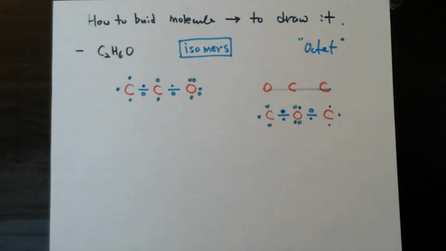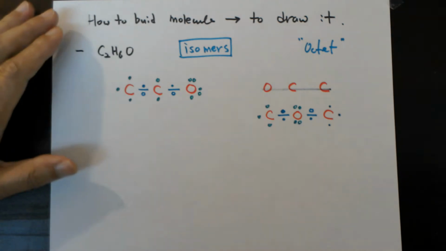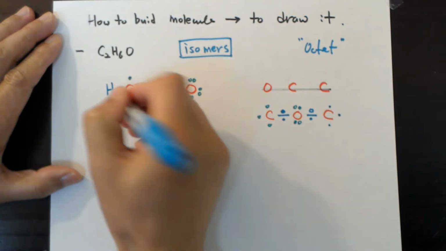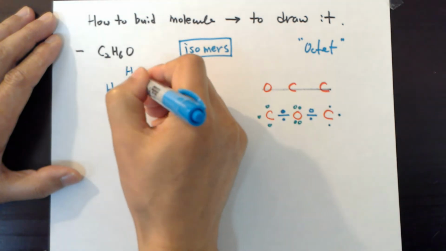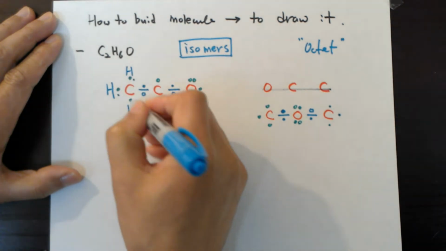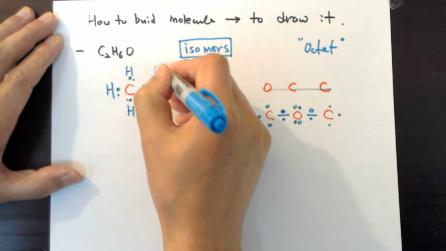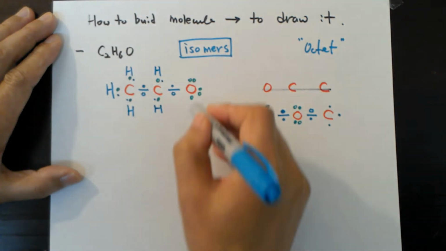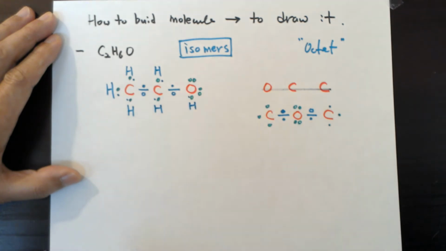Then you add hydrogens with 1 electron in the neutral state. So hydrogen, first one, bring 1, second one, bring 1, third one, bring 1, fourth, fifth, sixth.